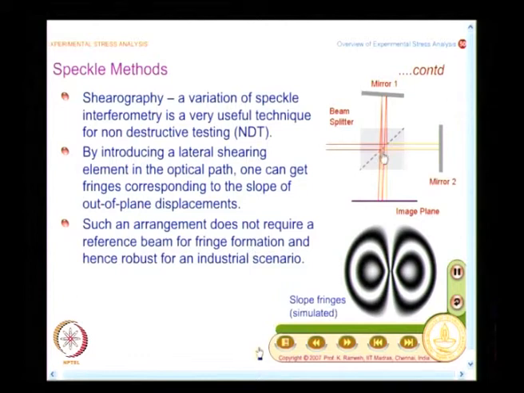And when you do this, what do you get? You get essentially slope fringes, and we have also noted that these are butterfly fringes because of the shape, because on the shop floor they would like to classify this as butterfly fringes for easy identification. In fact, it is dou w by dou x contours.